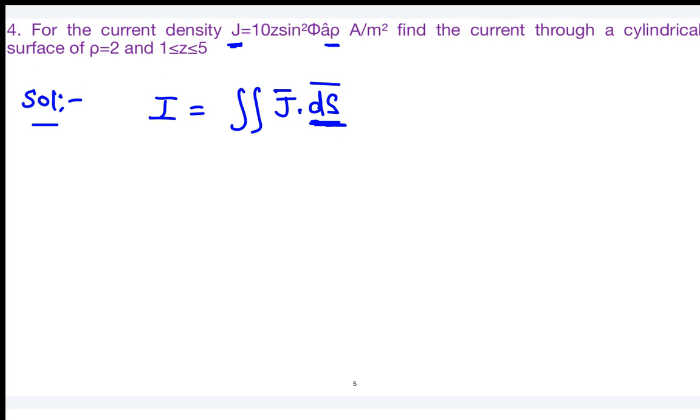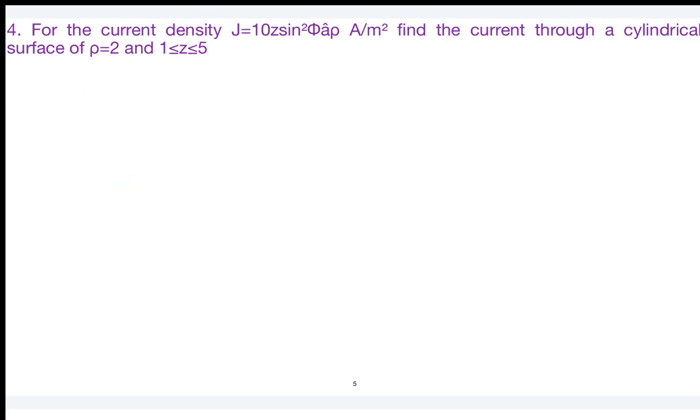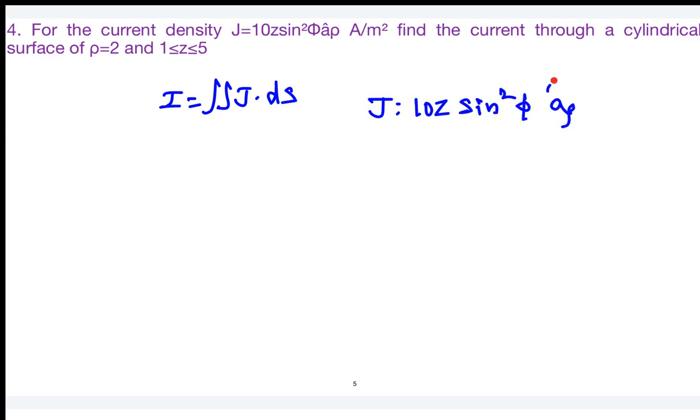So when you consider this surface, there is a phi variation and a z variation in terms of cylindrical. So you can define I is equal to double integral J dot dS. The J value you already know: 10z sine square phi into a rho cap. Can you tell me the surface area where phi is changing and z is changing?